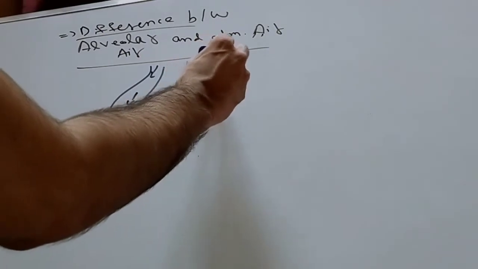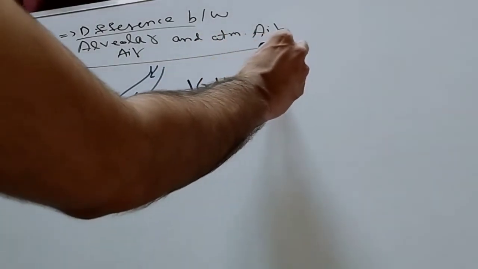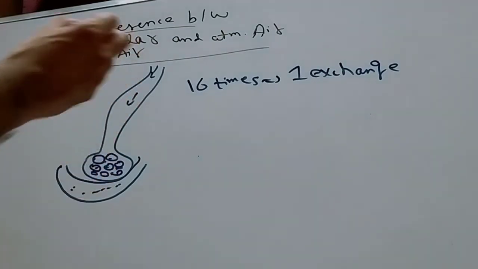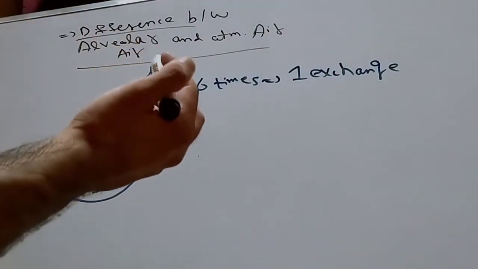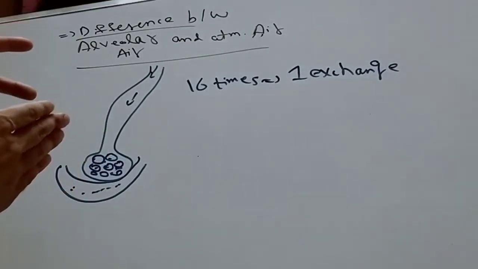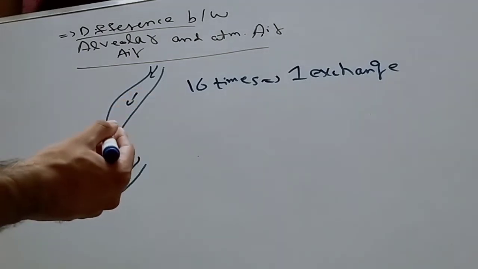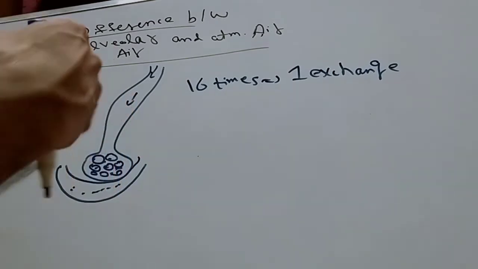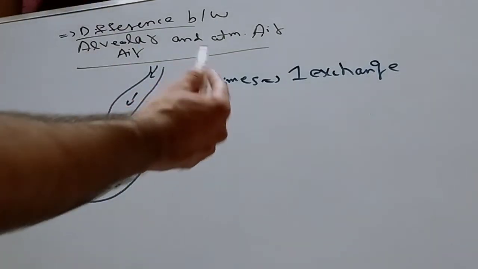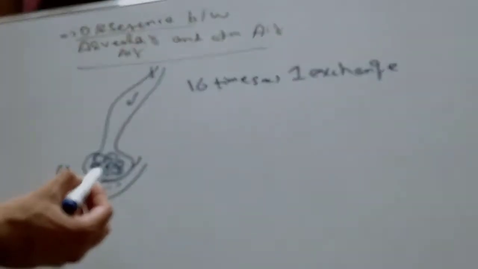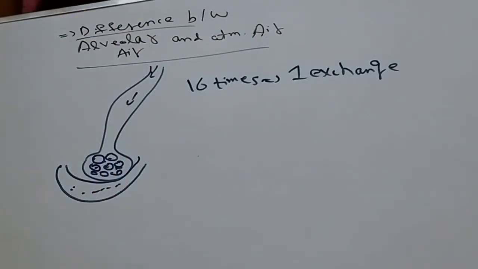After 16 times the whole air present in the alveoli would get exchanged by the external air. This is a slow process in order to avoid abrupt changes in the blood. If the process were fast, there would be abrupt changes in the blood. That's why nature has made this process slow, and after 16 times the whole air present in the alveoli gets exchanged with the external air.